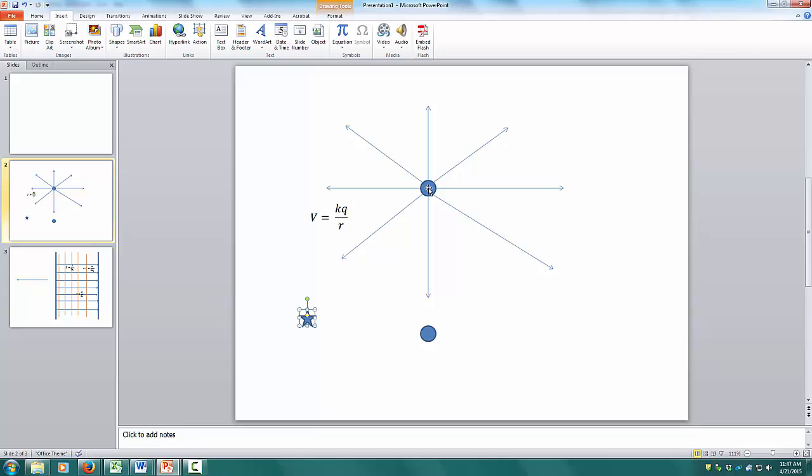I'd put each q in the equation, determine the distance, find the potential at this point caused by that charge, and the potential at this point caused by that charge, add the two effects together, and I get my potential at that point in space. For electric field, as you know, I have to add them vectorially.